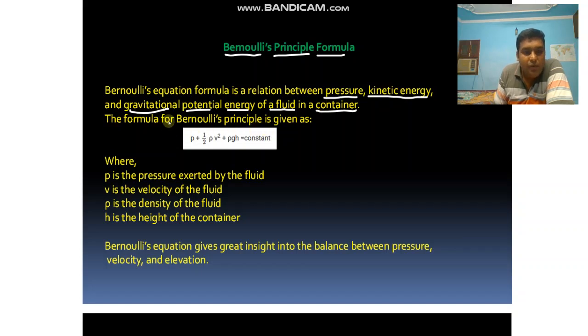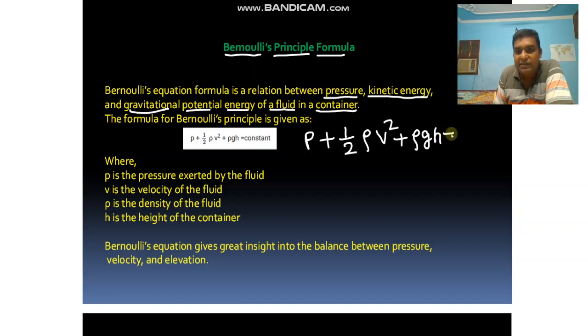The formula for the Bernoulli's principle is given as P plus 1/2 rho V squared plus rho g h is equal to some constant value. So this is our Bernoulli's formula.